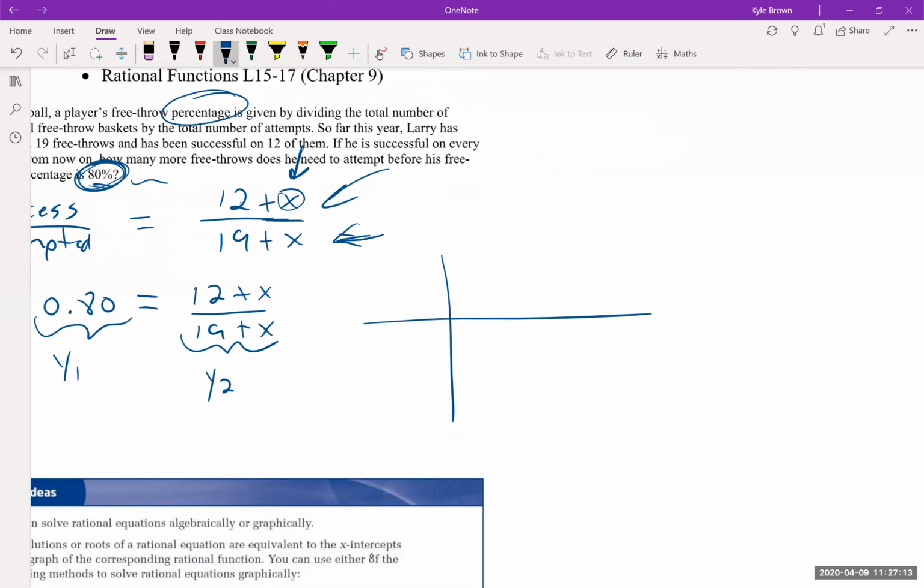I think it goes up, yeah, it does something kind of funny there, but maybe something like that. And this would be your y2, like maybe this is all you could see. You should have a non-permissible value at -19, but we won't worry too much because the only place they cross would be, you should have another line doing this.